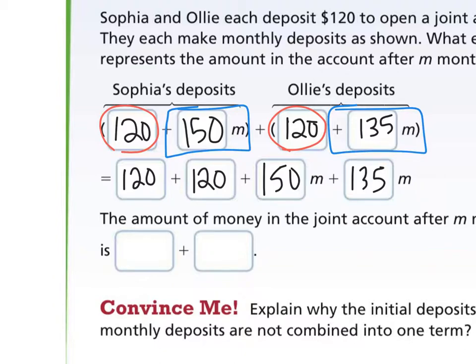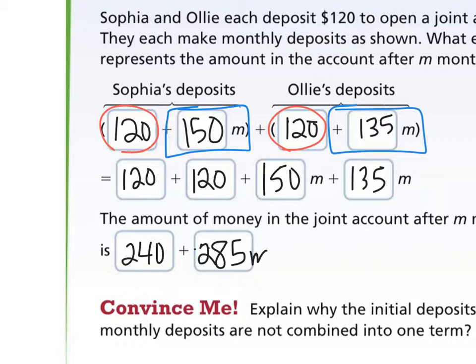Okay, so whether you actually physically rearrange them like that or not, we are going to look to combine like terms together. So the 120 and the 120 we could add together would be 240. Good. And then 150M plus 135M would be 285M.